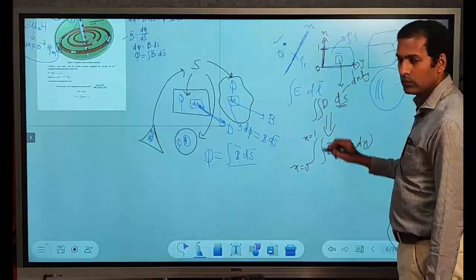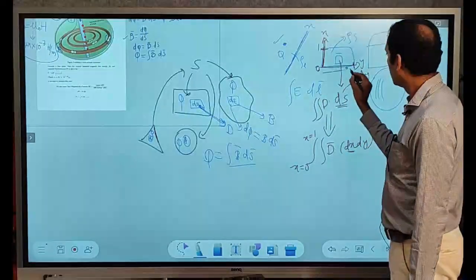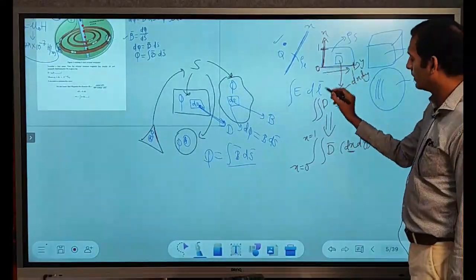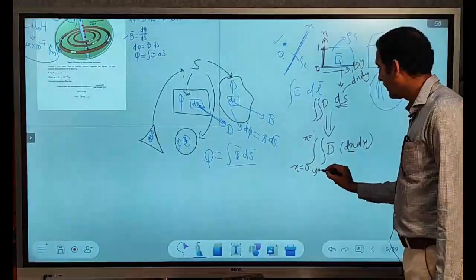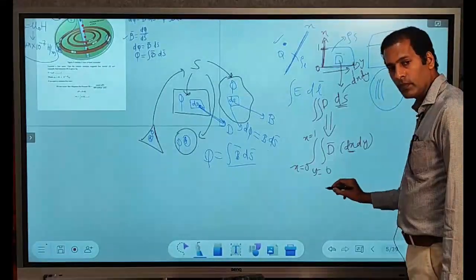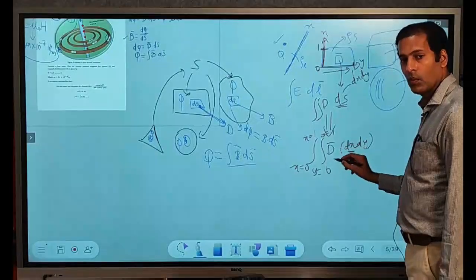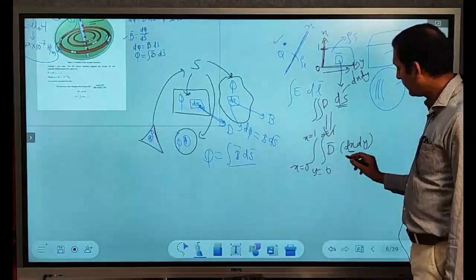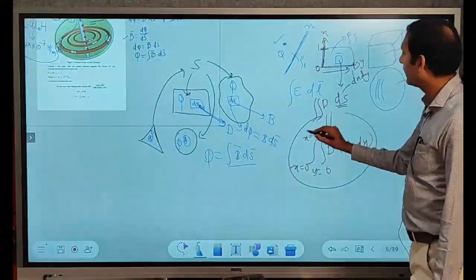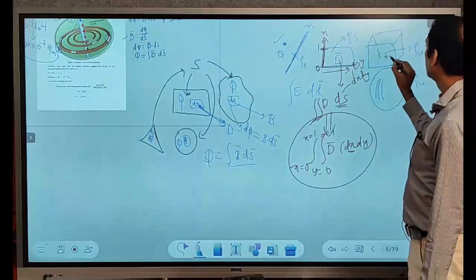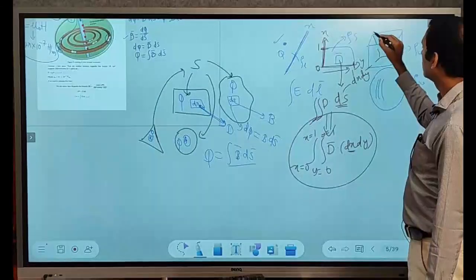X equal to 0 to x equal to 1. On this side, y is starting at 0. Where is it going? Y is equal to 1. Now this is a double integration because it is two dimensional. Now what about a volume? How many dimensions?